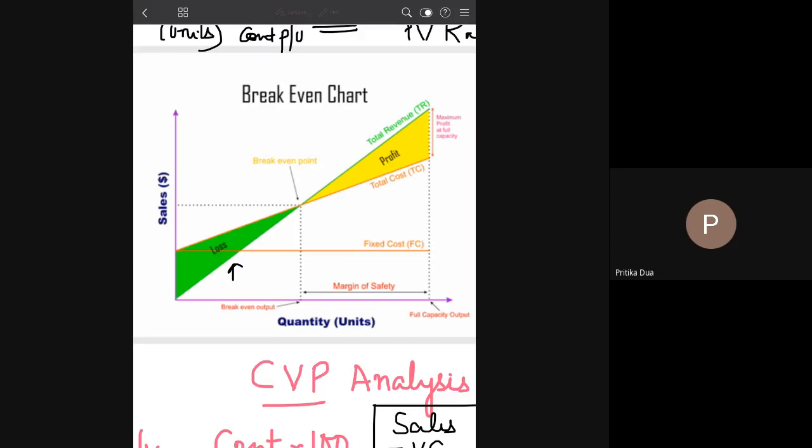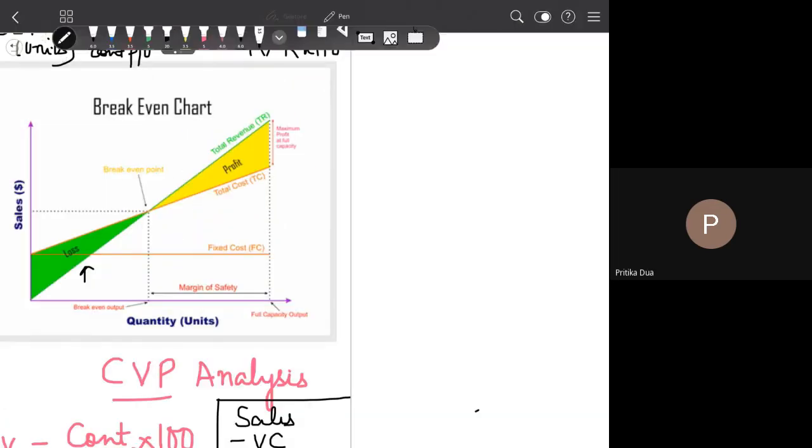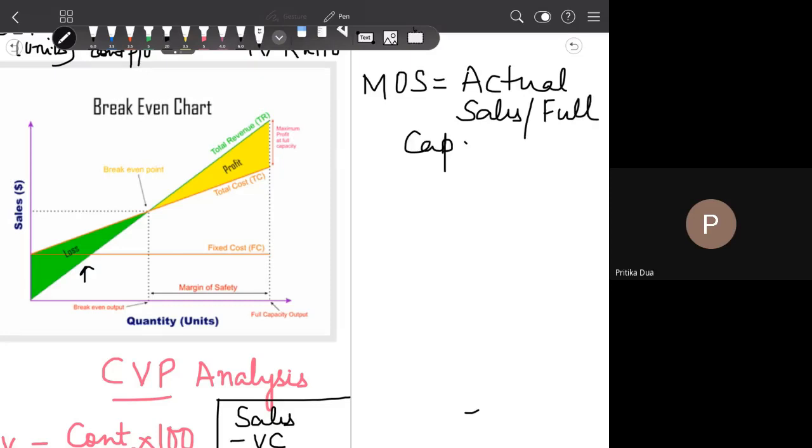comprehending the margin of safety is, I'll just add one page here. Okay, another way of calculating the margin of safety is the difference between actual sales or full capacity sales minus the break even sales.